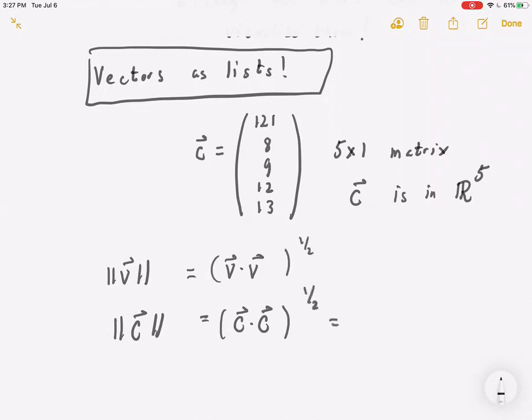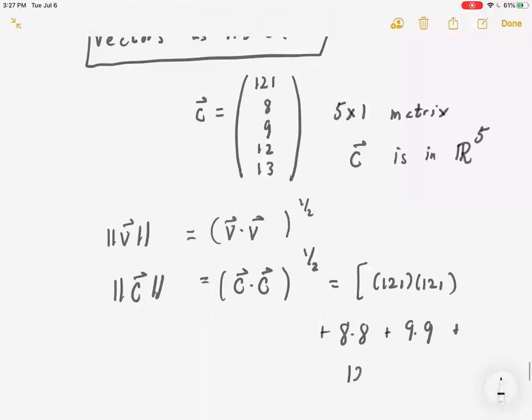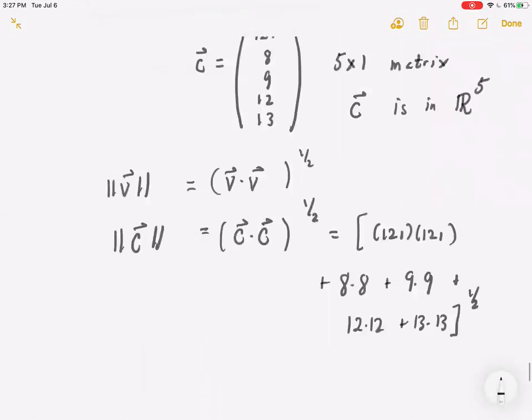So for example, in the case of C, I take 121 times 121 plus 8 times 8 plus 9 times 9 plus 12 times 12 plus 13 times 13, add all those numbers up, get a number, take the square root, and that's going to be a number that's 0 or greater than 0. Clearly in this case, it's greater than 0.